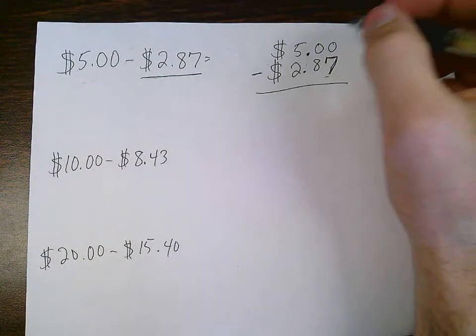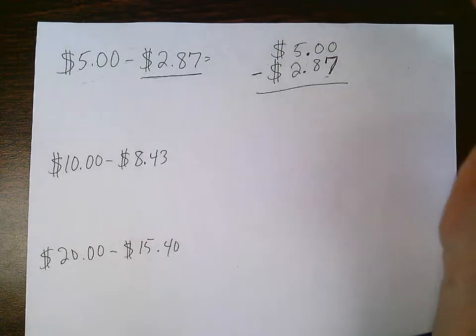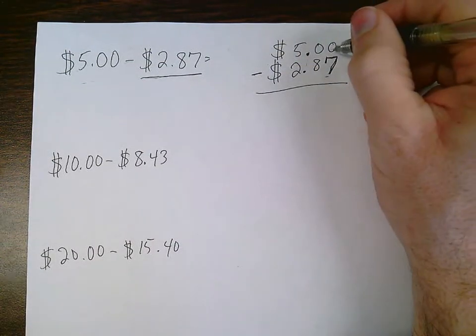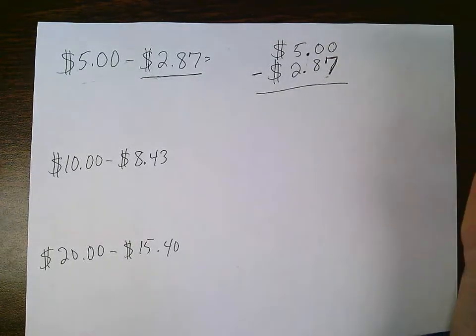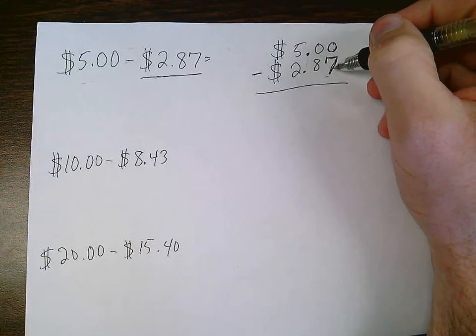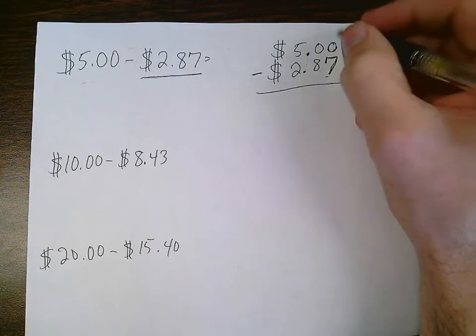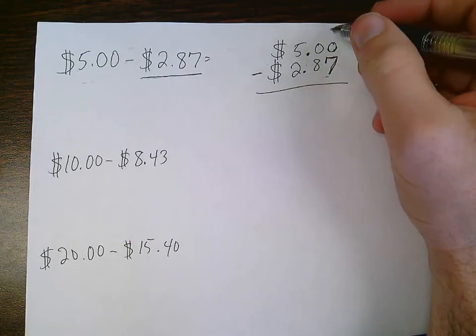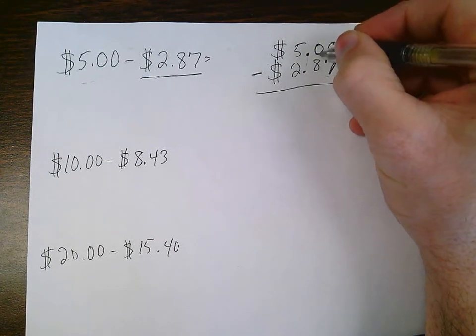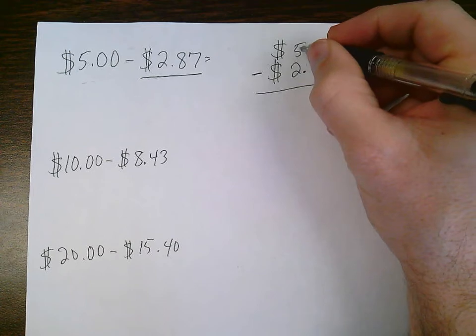So I need to go over to my neighbor. Now, whenever we borrow, we always talk about this person needing cookies to give the cookies away. So this person has no cookies to give away. They need 7 cookies to give away. So when we borrow, we go over to our neighbor, and we always take from our neighbor if they have something to give. This neighbor has nothing to give, so we need to go over to the other neighbor.